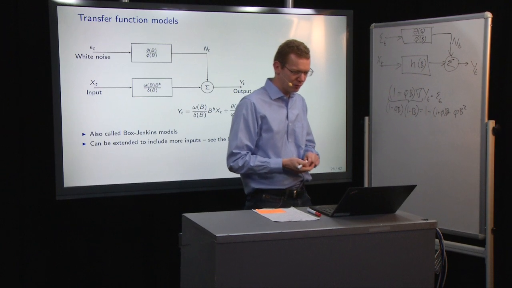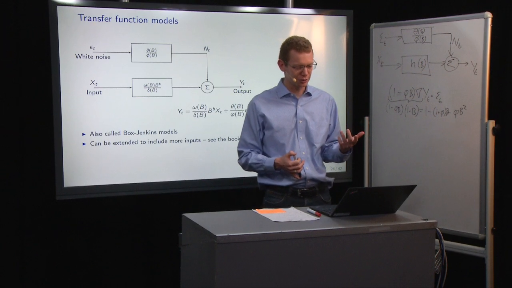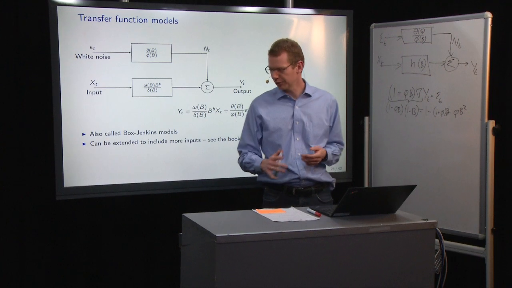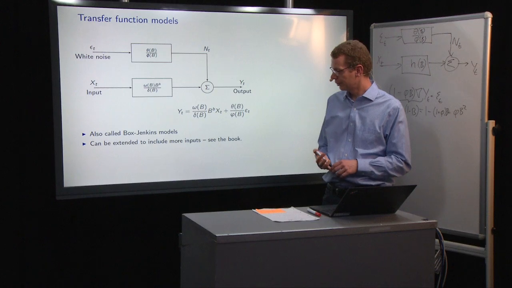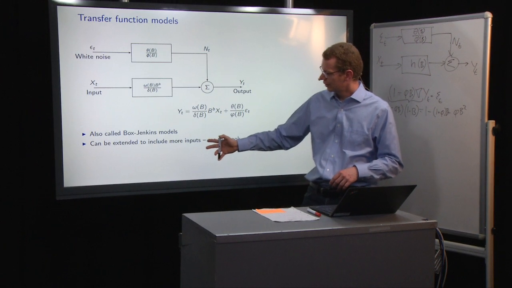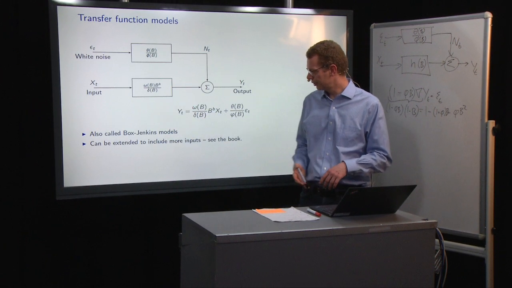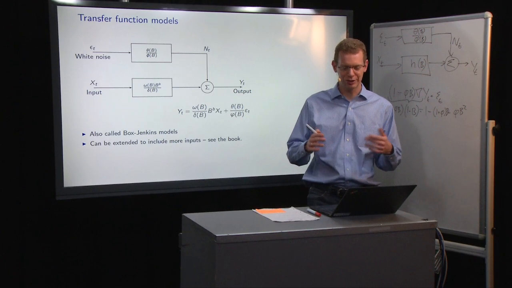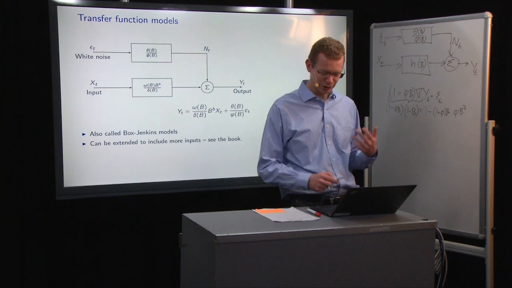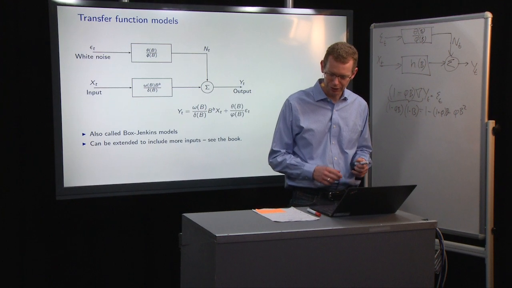That's basically what we call a so-called transfer function model. It's also called Box-Jenkins in the literature, as they have done a lot of work on these. And we can, of course, extend this to have multiple inputs here. You can see the book for an example on that, but that's just making life more complicated. For doing examples, this is sufficiently complicated.